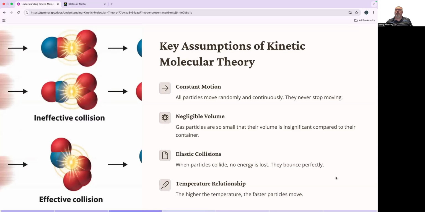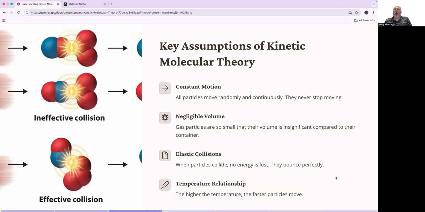We call that absolute zero, negative 273 degrees Celsius, or 0 degrees Kelvin. When we hit that point, the molecule no longer has any energy and isn't moving. But molecules do not stay in that state for very long, because something bumps into them and they start moving again.